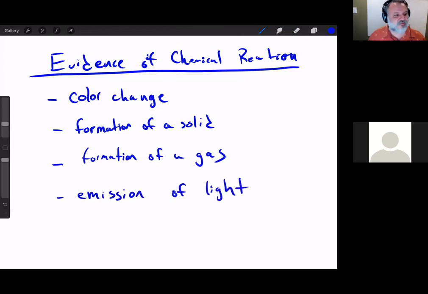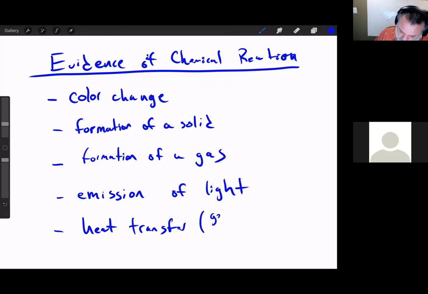Emission of light. Okay. Heat transfer. So what does that mean? Getting colder or hotter. That's what that means.